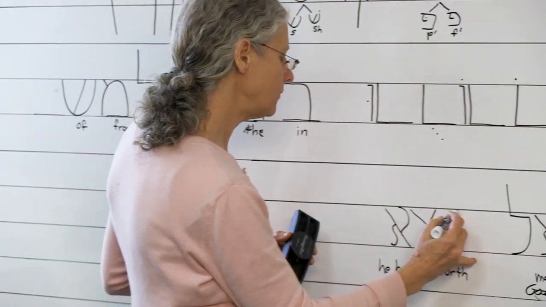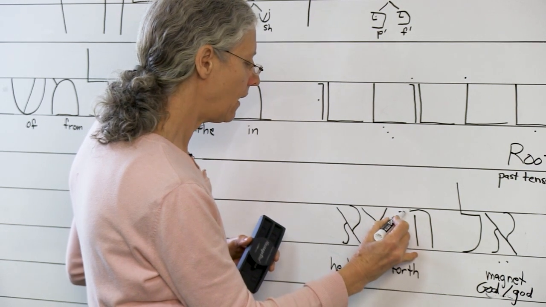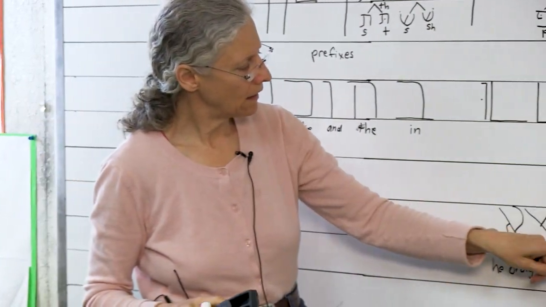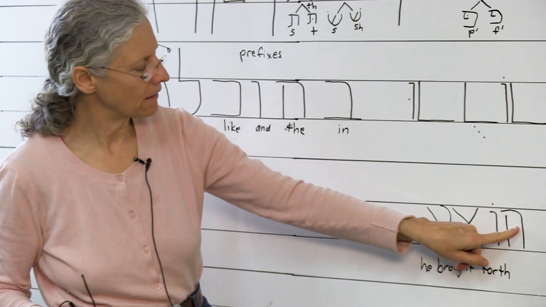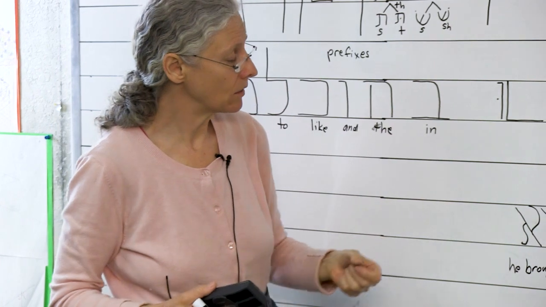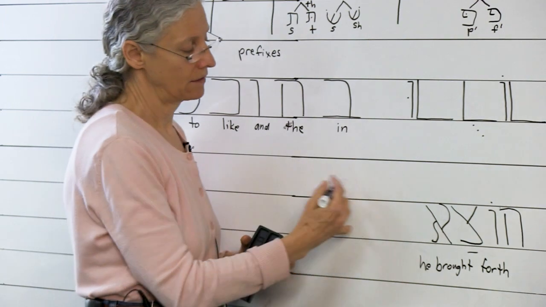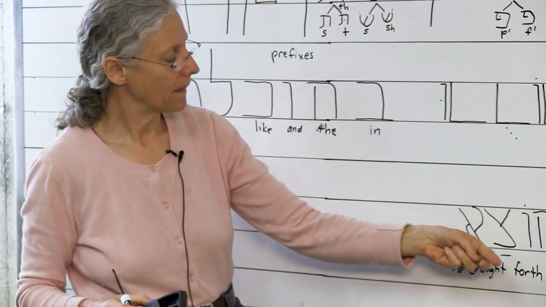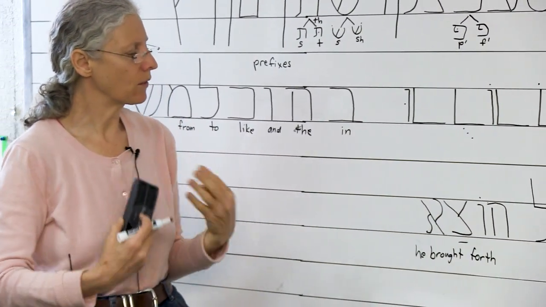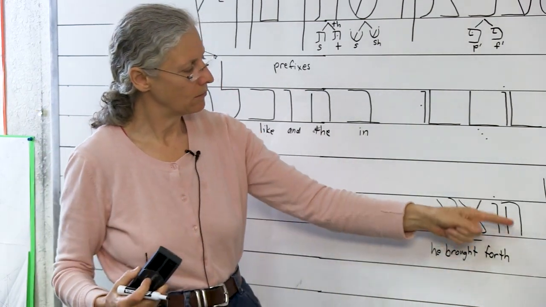So now you've got the hey and the vav o, right? In this instance, it doesn't mean the and, or it could. I mean, you can read any number of meanings into it. The and brought forth, then there's some suffixes here, but I believe in this sense it's more reflexive, like bring yourself forth, or the God brought you forth. So the God of the Hebrew Bible brought you forth.